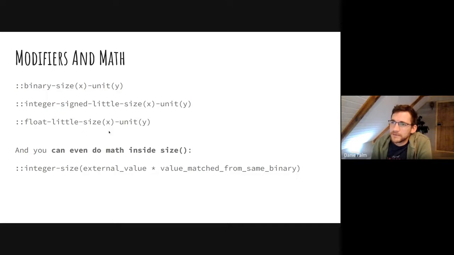But an interesting thing is that you can do math inside these modifiers. For instance, in the size modifier, you could say this value that I've given, treat it as an integer of a certain size, and for that size you can use arithmetic. It's a bit limited.